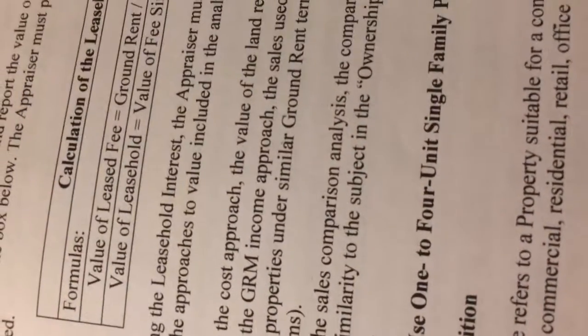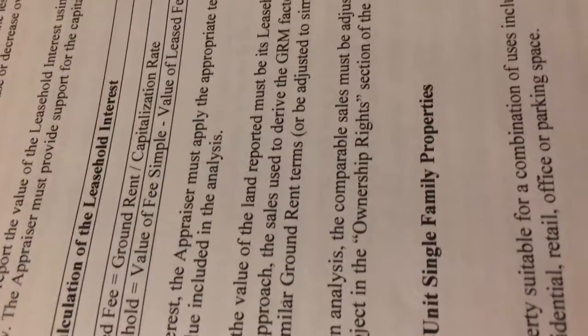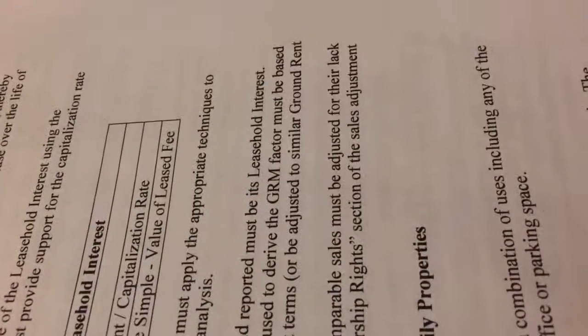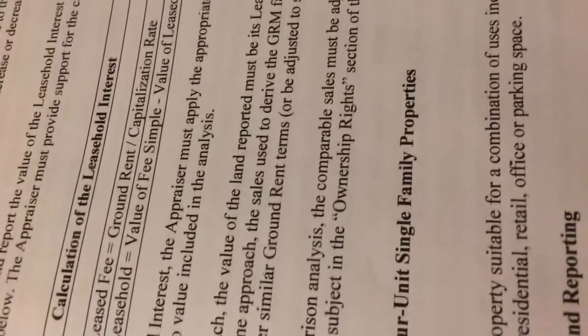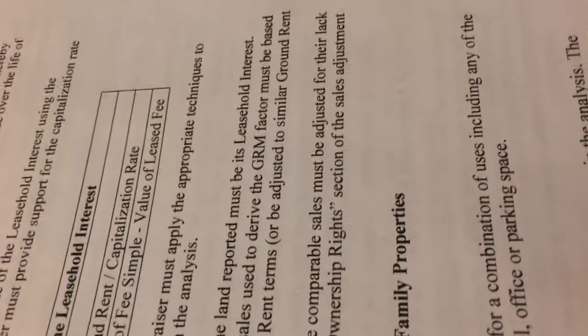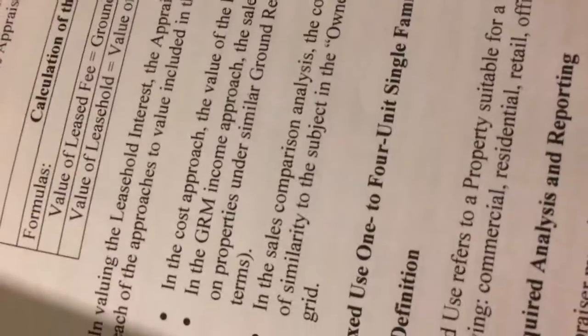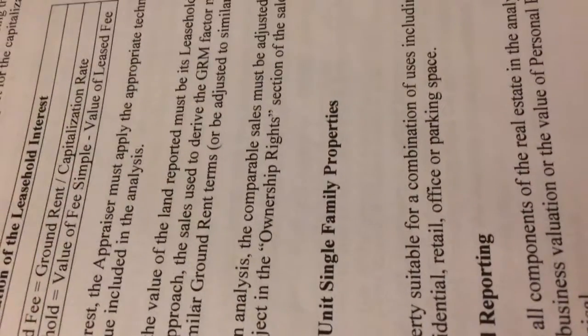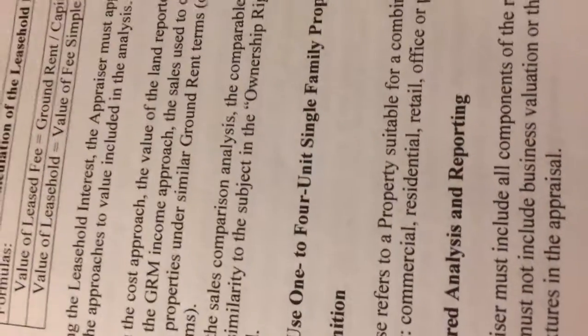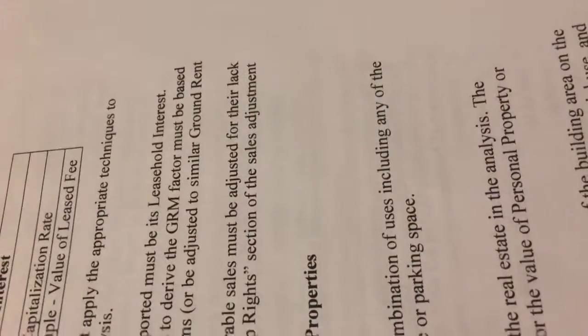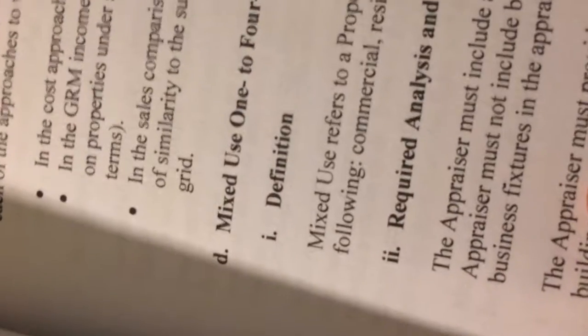In the GRM income approach, the sales used to derive the GRM factor must be based on properties under similar ground rent terms or be adjusted to similar ground rent terms. In the sales comparison analysis, the comparable sales must be adjusted for their lack of similarity to the subject in the ownership rights section of the sales adjustment grid.